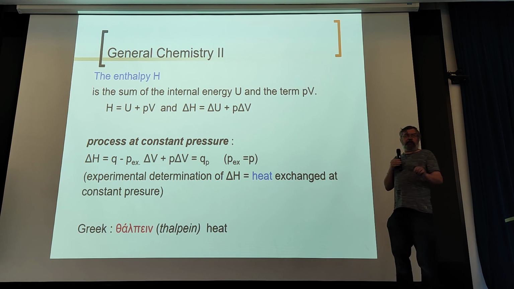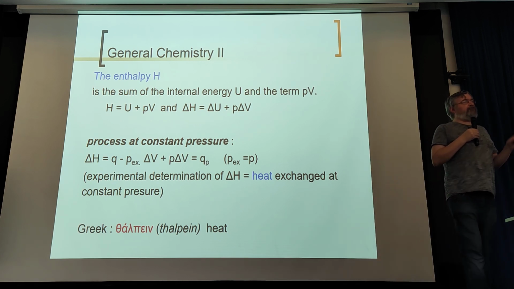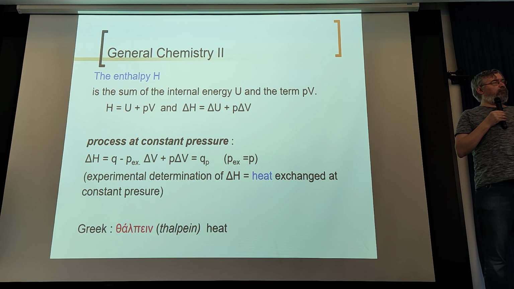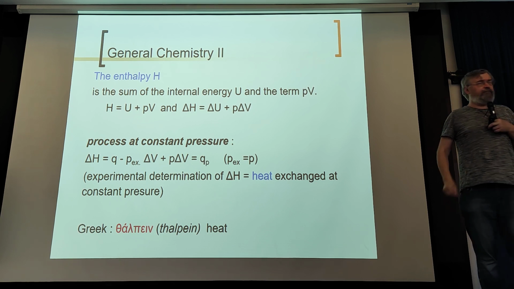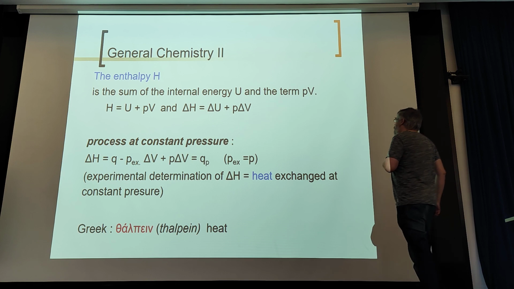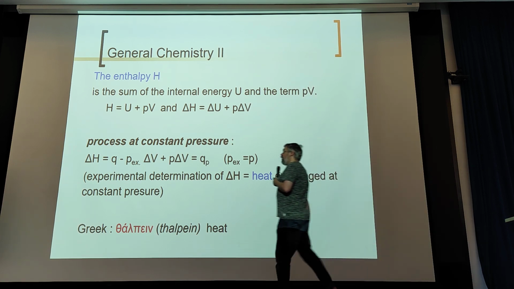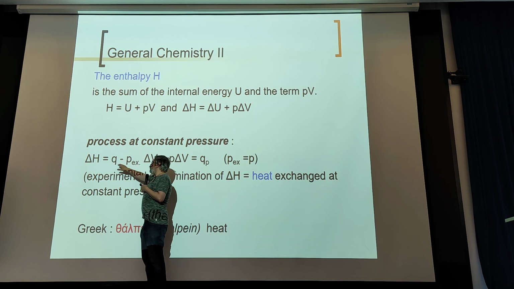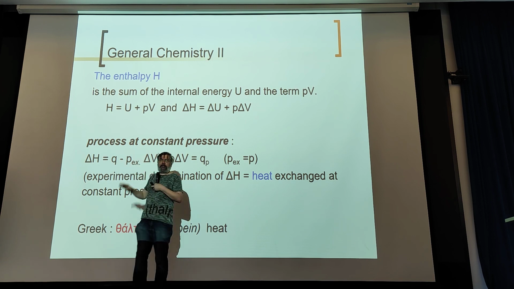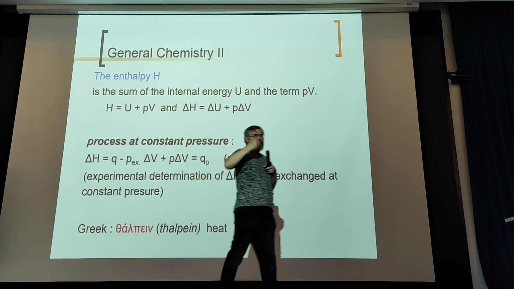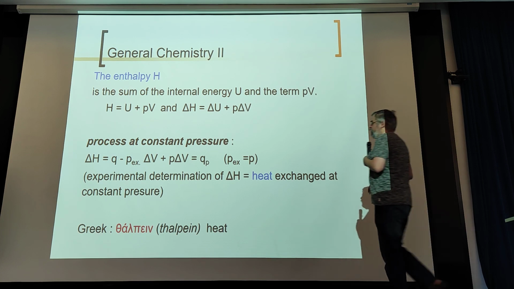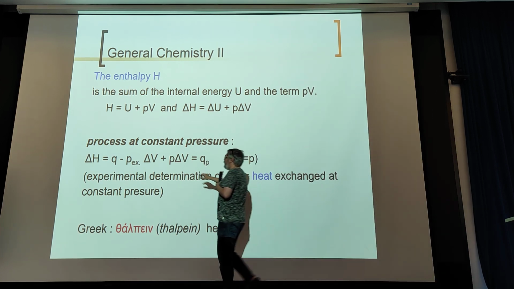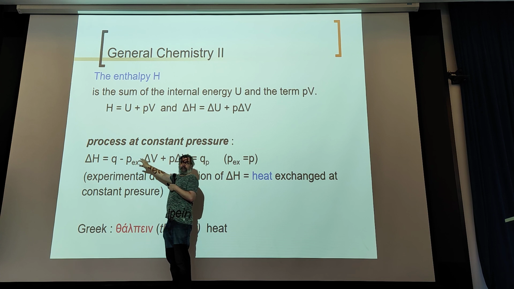Now if you have a system at constant pressure, not volume, but pressure, that means it's like a system where the volume can expand, like you have seen earlier. So now delta H is given by delta U, and delta U is Q minus P expansion delta V. When the volume expands, there's a certain work being done. But you see, the term P delta V is exactly the same.